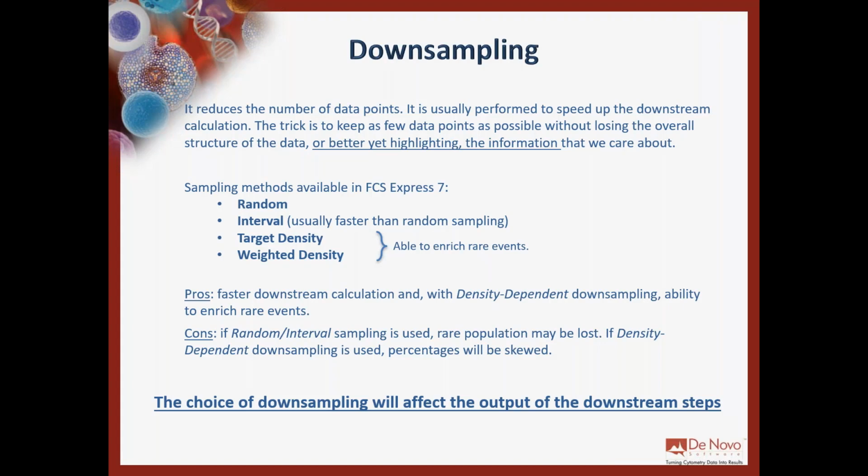If you do density dependent downsampling, just be aware that after the downsampling, since you are enriching in rare populations, you are not going to calculate percentages. Okay, so if you are enriching in rare populations, for example, you have 100 cells, one is the coolest one, you sample 10, and the density dependent downsampling is so good that among those 10 cells, it's actually sampling the one that you're interested in.